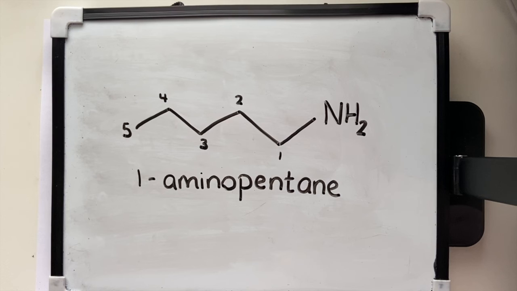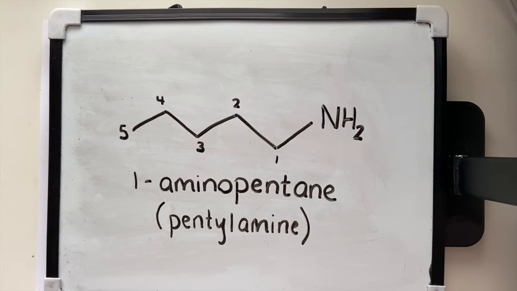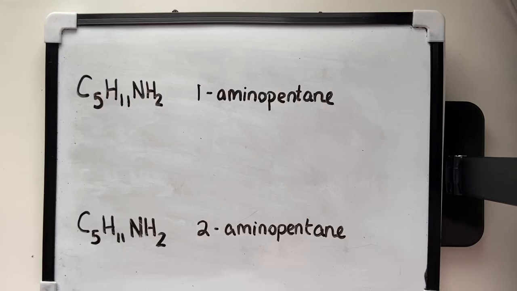If we move the amino group to the end of the carbon chain, this time we would name the compound 1-aminopentane. In some textbooks, the compound may be called pentylamine because we have a C5H11 pentyl group attached to the NH2 amino group.